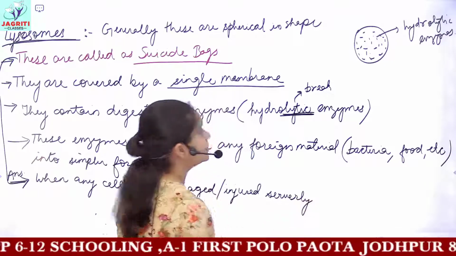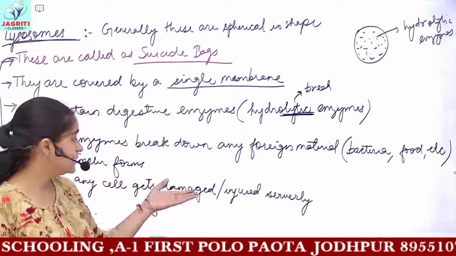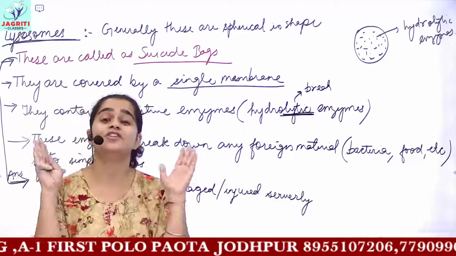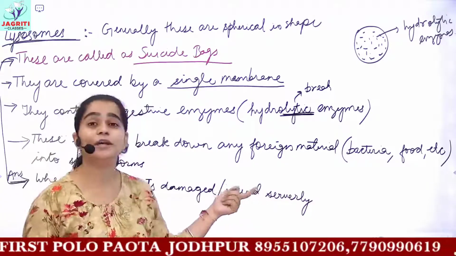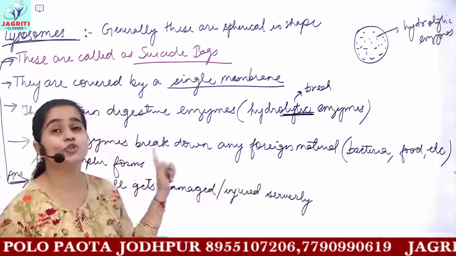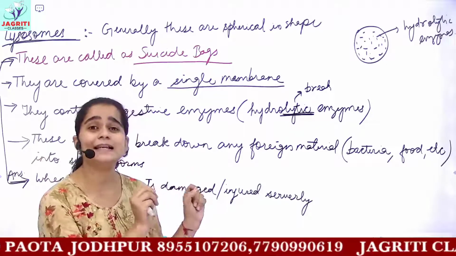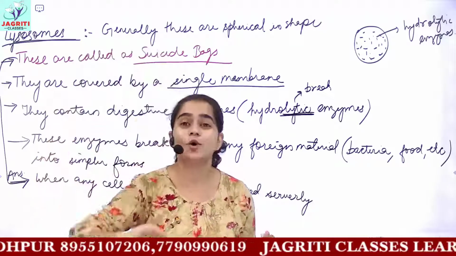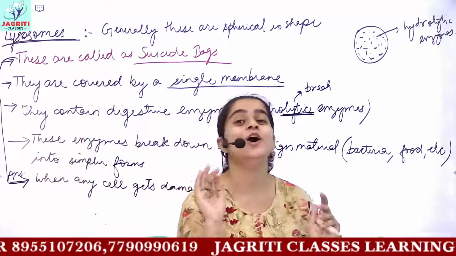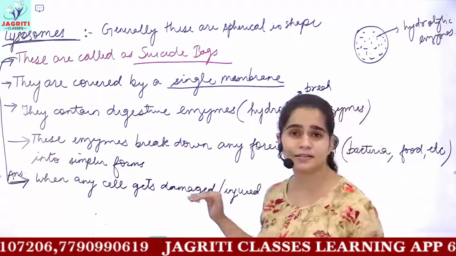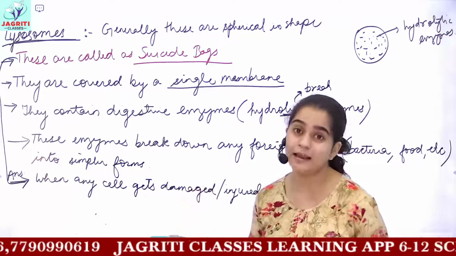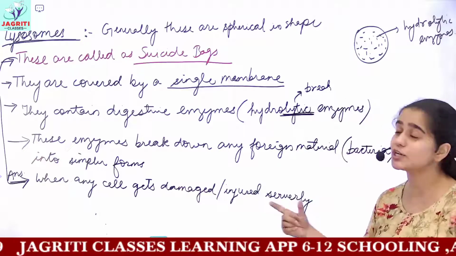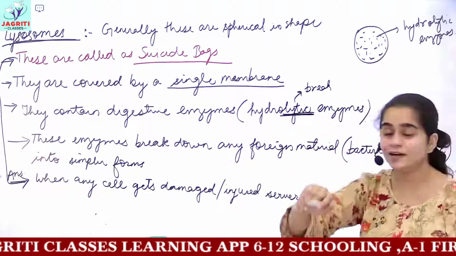And why do these lysosomes do so? Because the damage or the injury is very severe, on a very extreme level, and this cannot be repaired. And if this cell is not destroyed, then it would affect the whole life process of the organism. So we need to get rid of the cell, and to get rid of the extremely damaged or severely injured cell, these lysosomes are responsible.